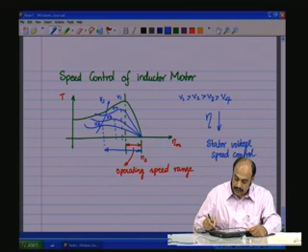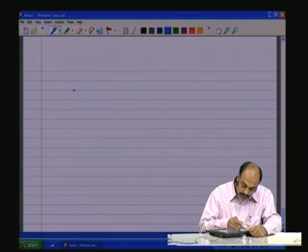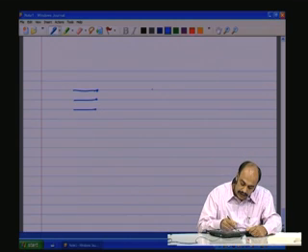One could also have a two-step speed control. We have the three-phase source coming in, and let us say the motor is connected initially in star form.